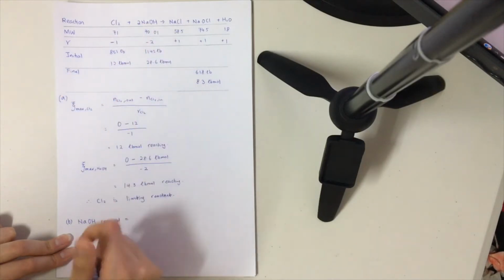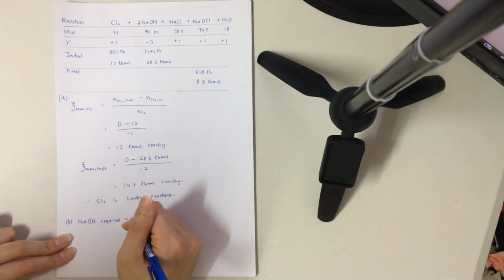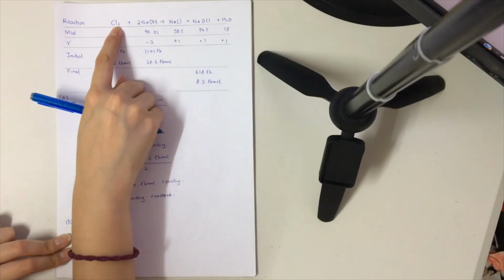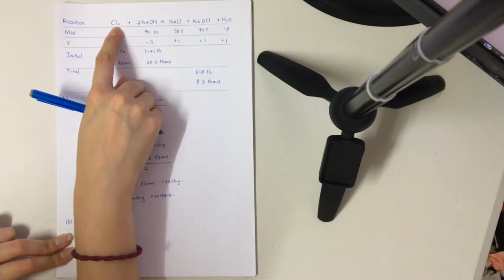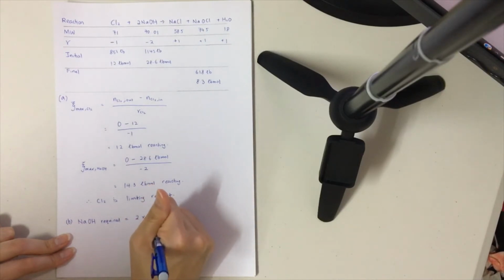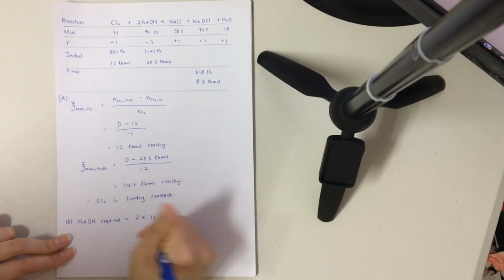Therefore, the NaOH required is 2 times the number of moles of chlorine gas, which is 2 times 12 pound mole, or 24 pound mole.